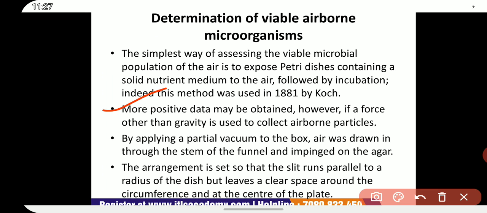More positive data may be obtained, however, if a force other than gravity is used to collect airborne particles. An early attempt at quantification consisted of placing a petri dish containing nutrient agar in a box beneath an inverted funnel, the stem of which passed out of the box into the atmosphere.